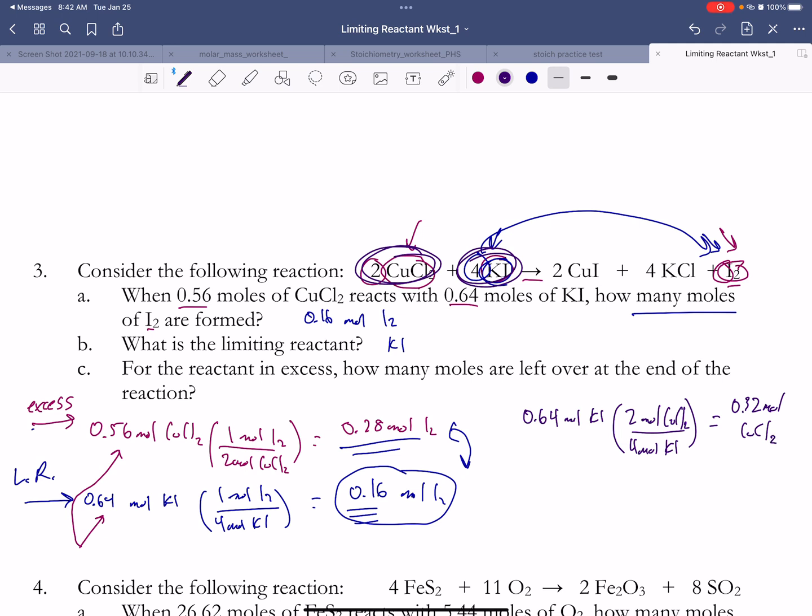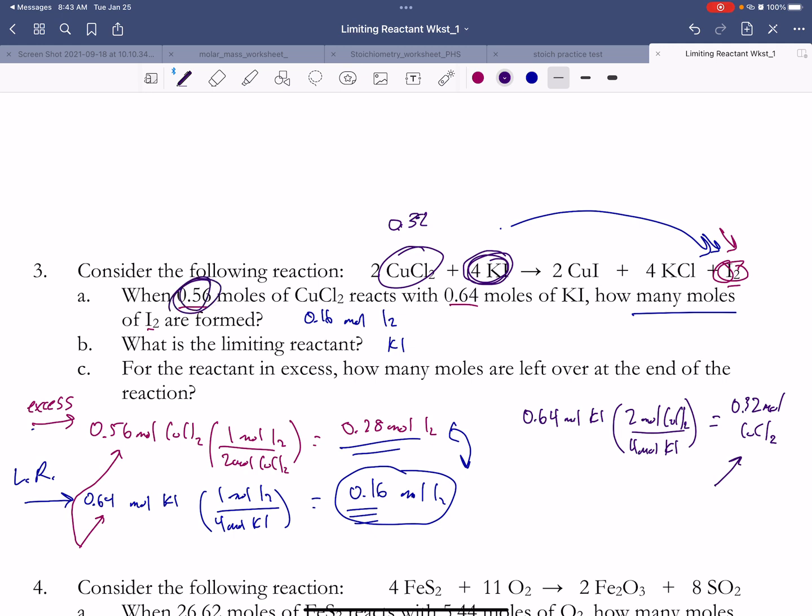Okay, so what does this mean? Let me just erase some of this. What it means is that when you run out of potassium iodide, because that's the limiting reactant, you have used up 0.32 moles of copper chloride. But you had 0.56 moles to start with.